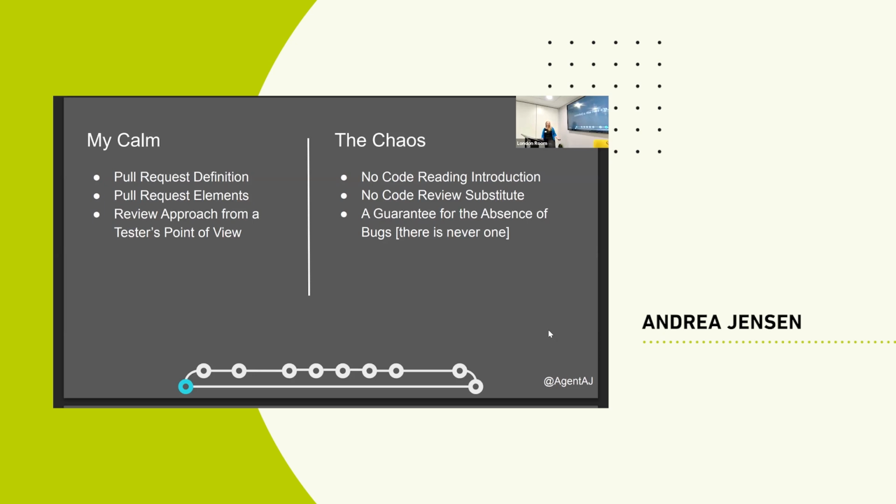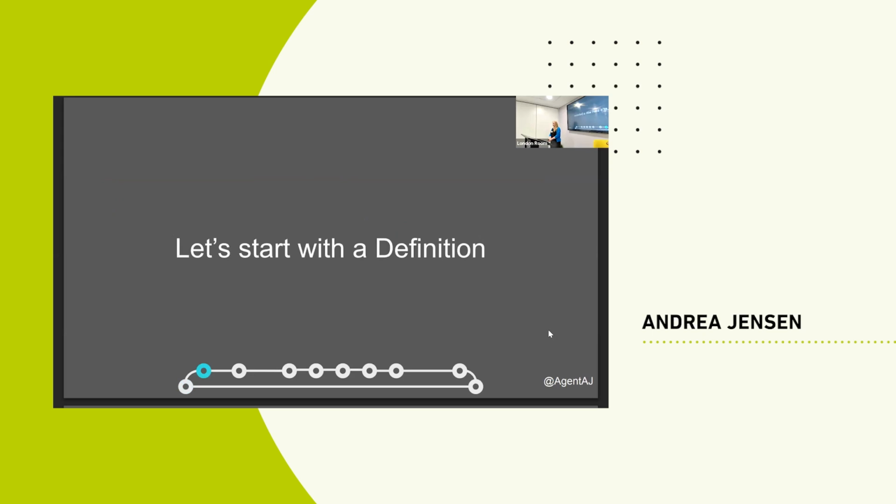So let's start with the definition first. What is a pull request? I've gone through a couple of research. If you follow the Git process, there are different tool vendors which all create their own definition. You may have heard about GitHub, GitLab, Bitbucket, or Azure DevOps.